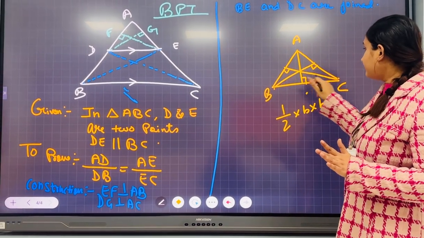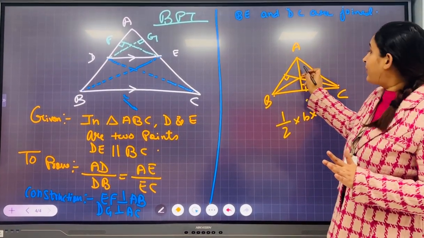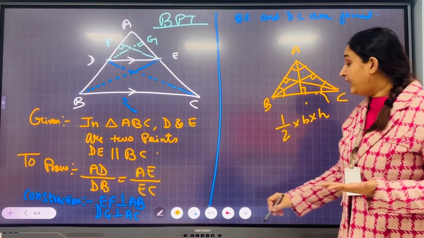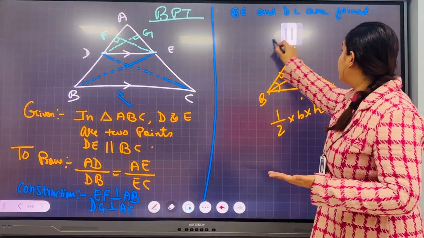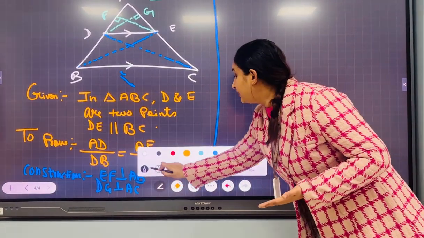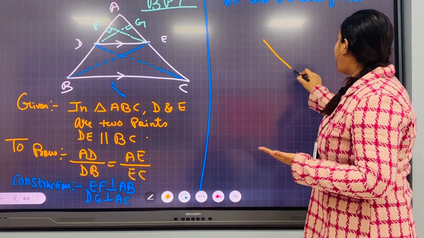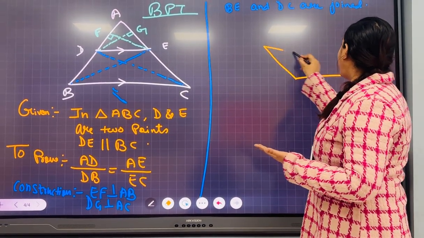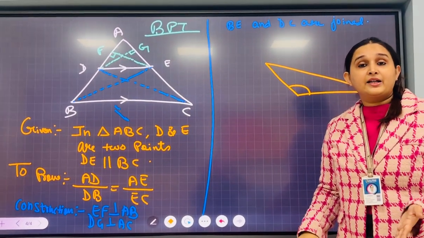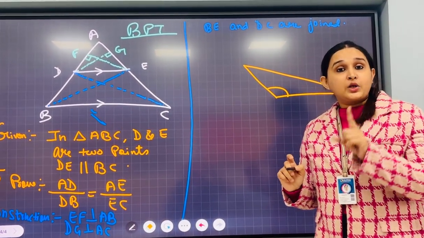Now this is an acute angle triangle where all the angles are less than 90 degrees. What about the area of an obtuse angle triangle? Suppose we have a triangle like this where one angle is more than 90 degrees, we call this triangle an obtuse angle triangle.